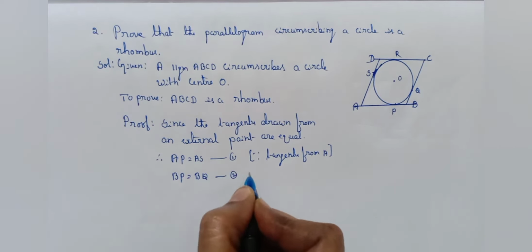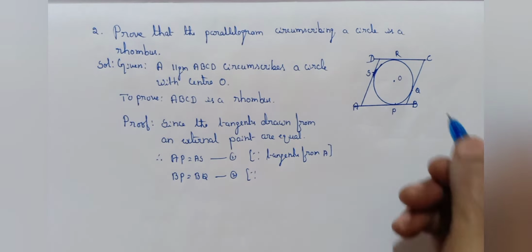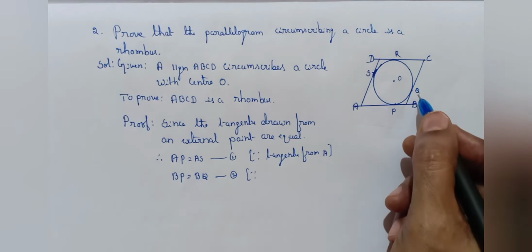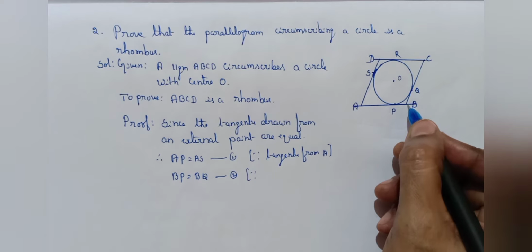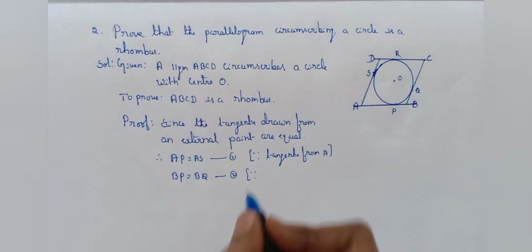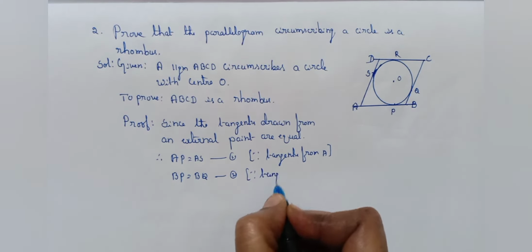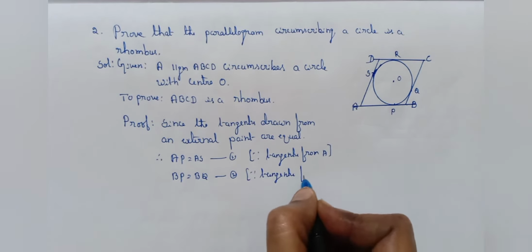Consider this as equation 2. So, BP and BQ are the tangents drawn to a circle from an external point B.